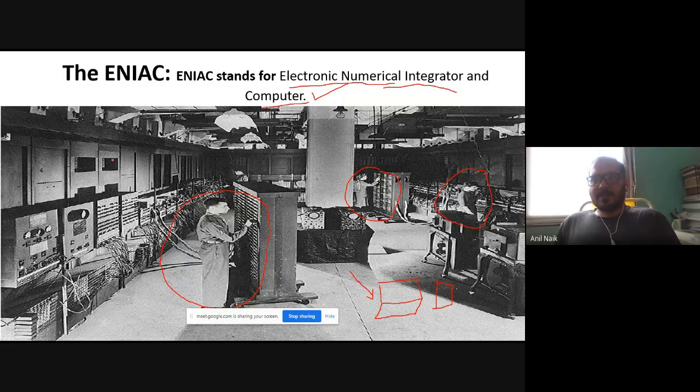There are different factors and parameters, and those concepts we study in the second section, computer architecture. So this is the ENIAC computer, the first computer. These are all wires and different devices.